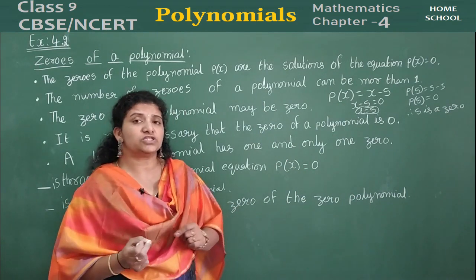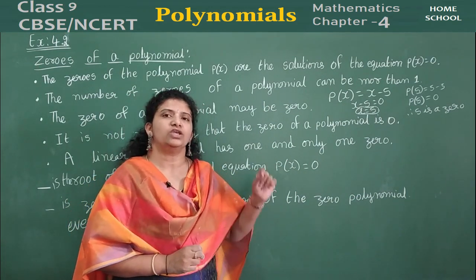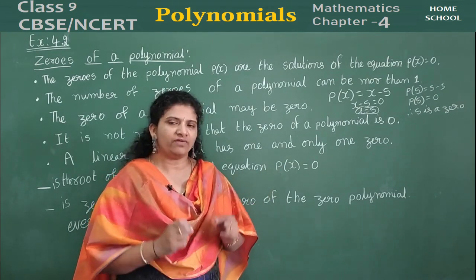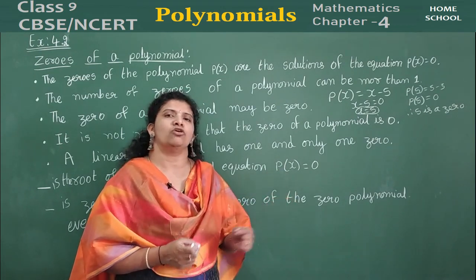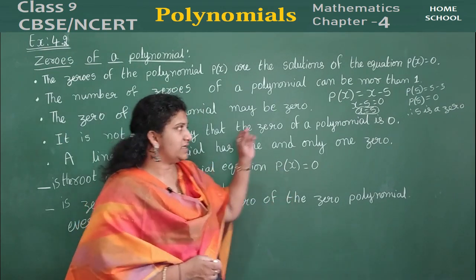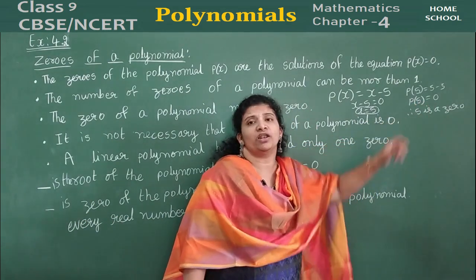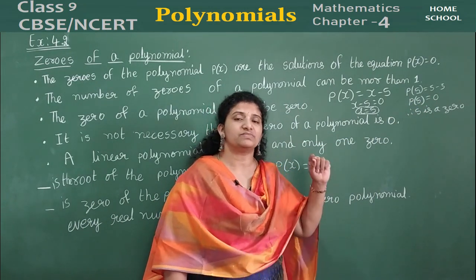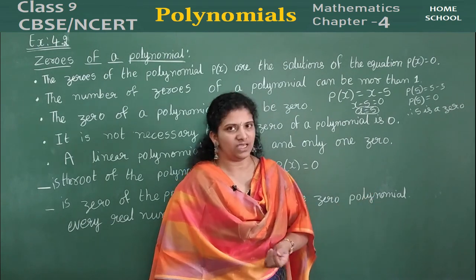So, why am I saying here 0 of a polynomial? If I substitute that number in an algebraic expression, you can make that equation into 0. If we get 0, then I call that number a 0 of a polynomial. See, 0 means not only this 0, this 5 I am calling it a 0 of a polynomial. Why? If I substitute that in an expression, that expression becomes 0.